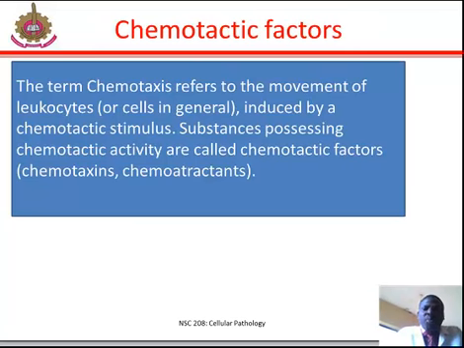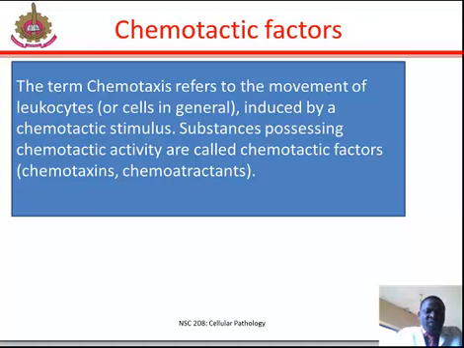And I discussed also chemotactic factors, which we said are two in nature. The first one is that they may attract the cell or repulse the cell. If they attract the cell, they are called positive chemotactic factors, whereas those that repulse the cell are called negative chemotactic factors.